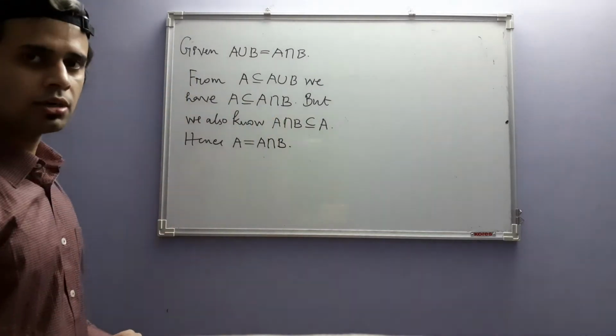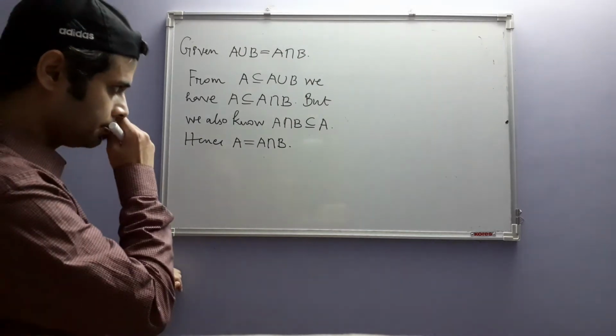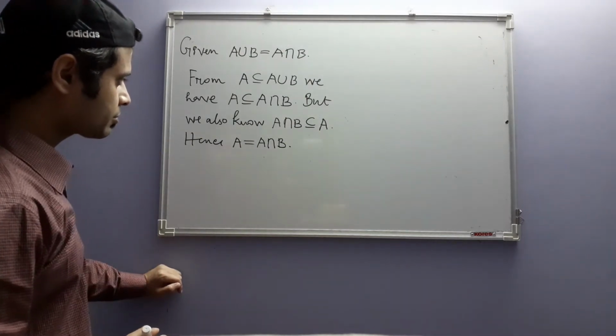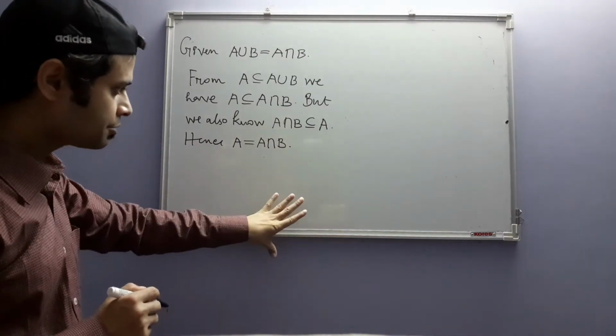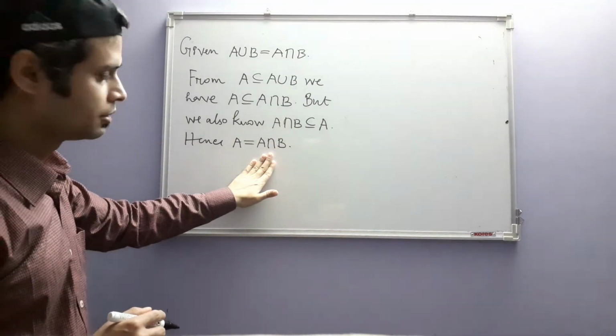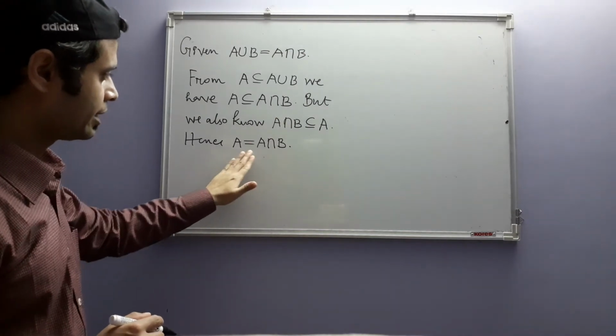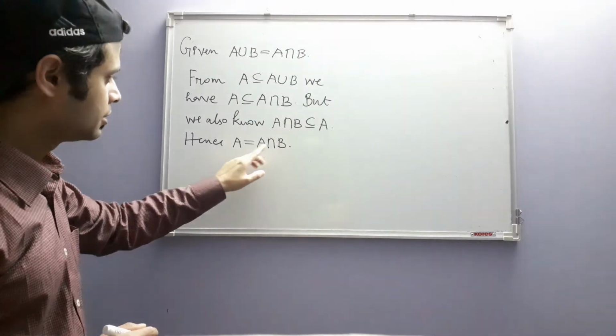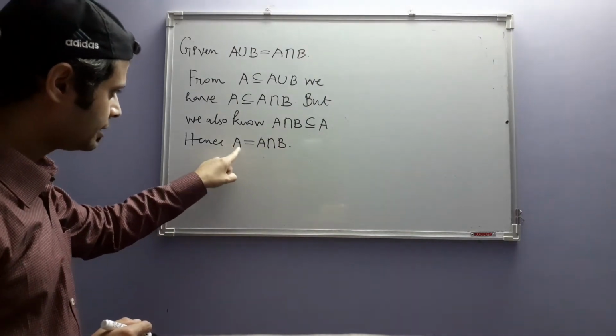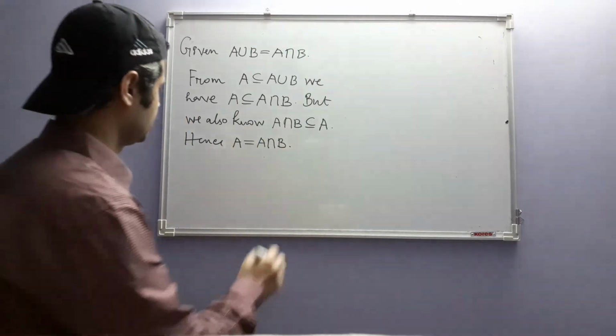A is equal to A intersection B. But this also we know, if you remember, the last property of intersection says that if the intersection of two sets is one of them, then that is a subset of the other set.